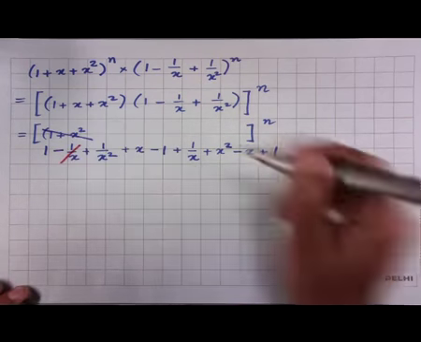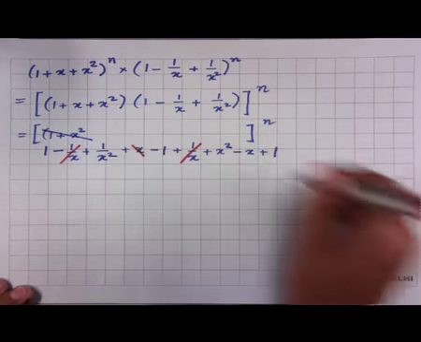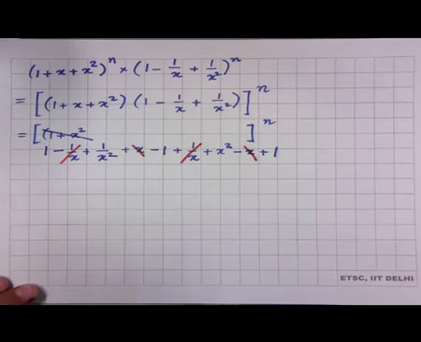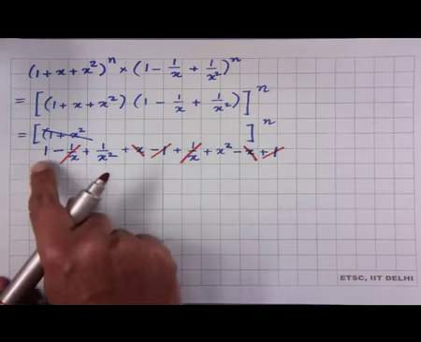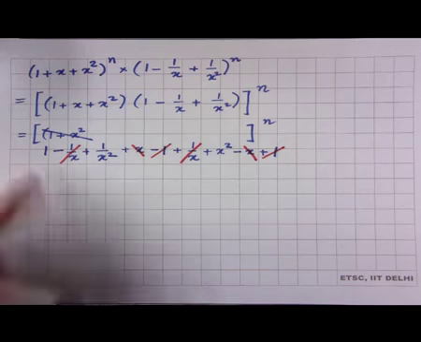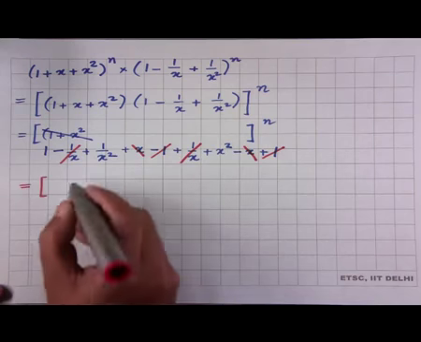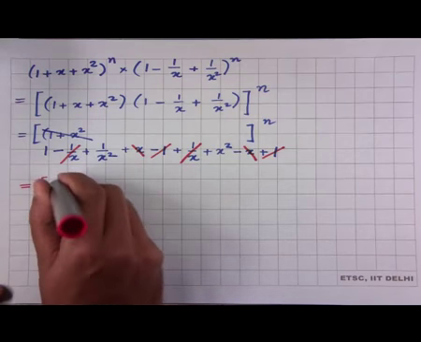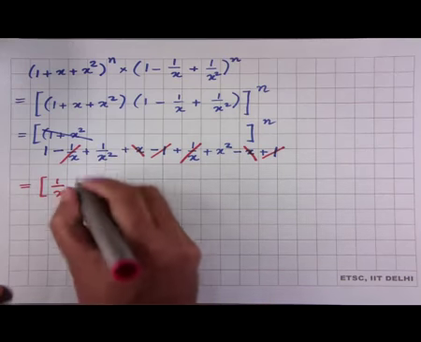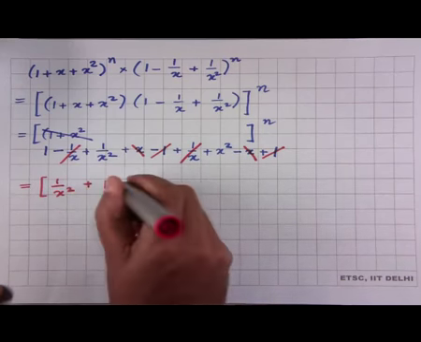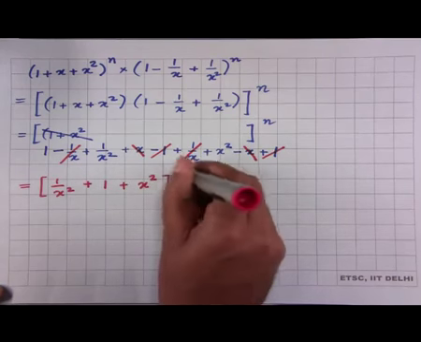This 1 by x cancels out with the next one, the x cancels out with the minus x, and there is a minus 1 that cancels out with a plus 1, although one of those 3 remains. 1 by x squared plus 1 plus x squared whole to the power n.